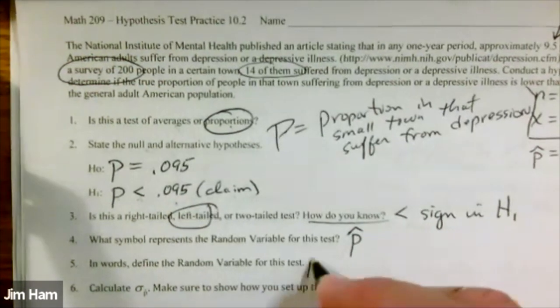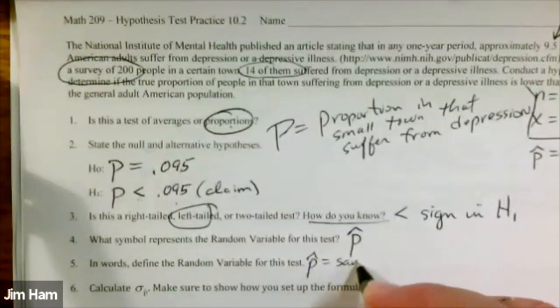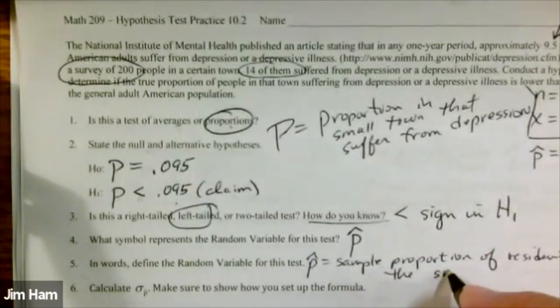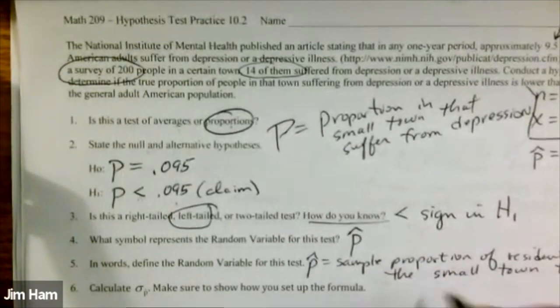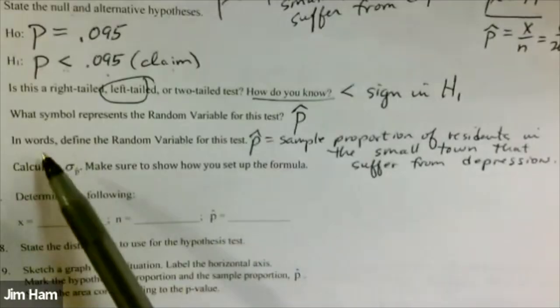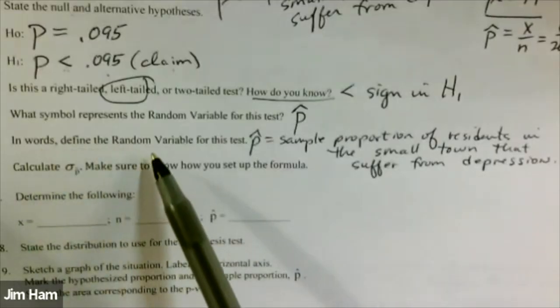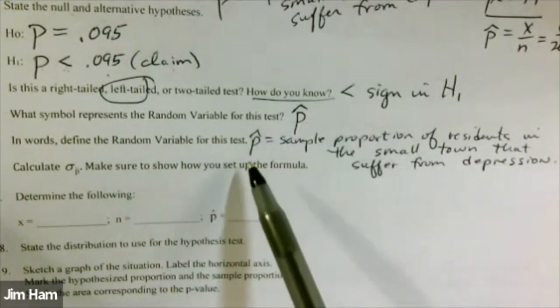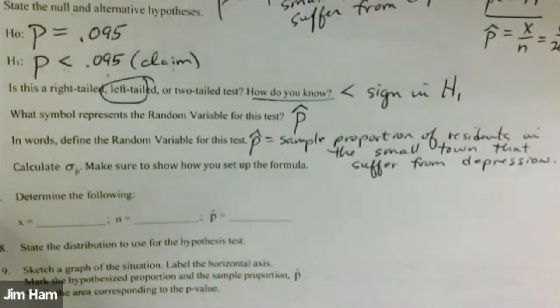The random variable p hat is the sample proportion of residents in the small town that suffer from depression. So it says in words, define what that random variable means. So we've identified the random variable, and any variable that you use, you should always define what it means. So it's very clear what we're talking about.